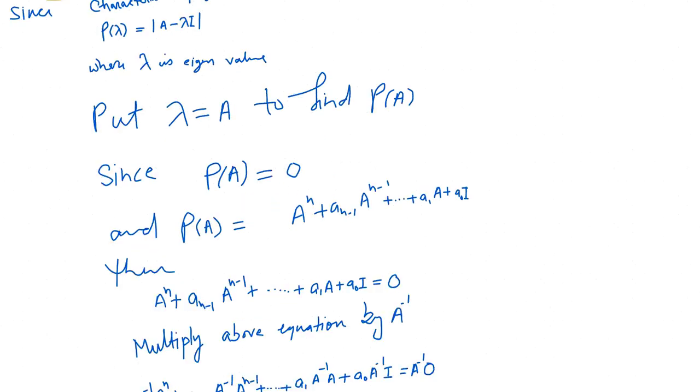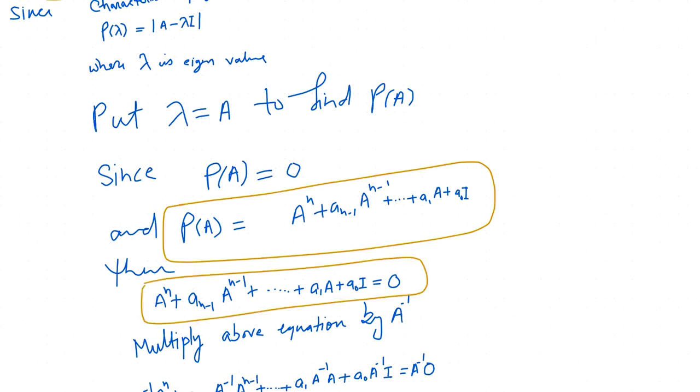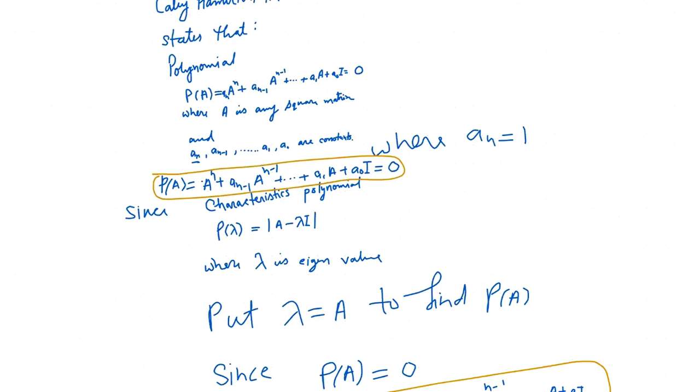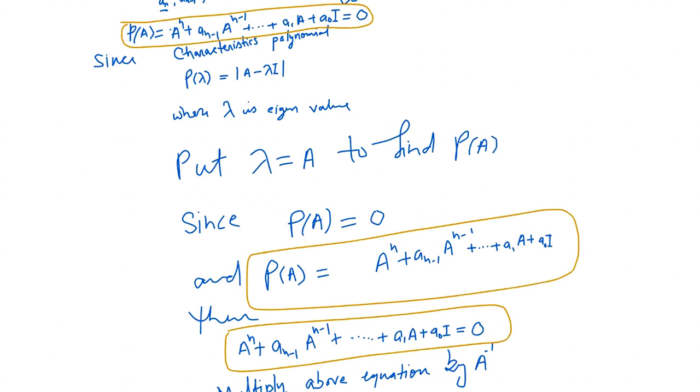By using the above P(A), we can express this equation. This is the characteristic equation, characteristic polynomial. And when we put this equal to 0, then it will become an equation.